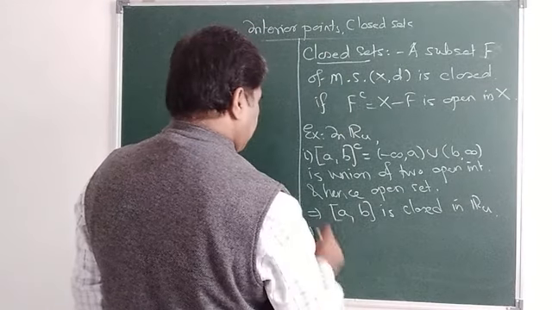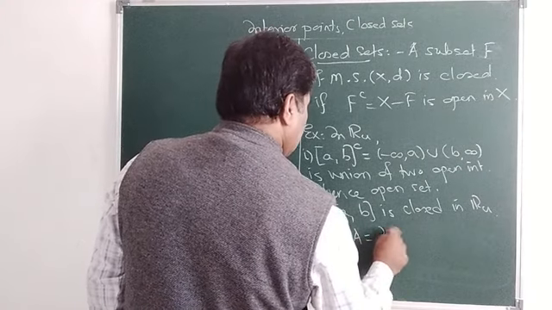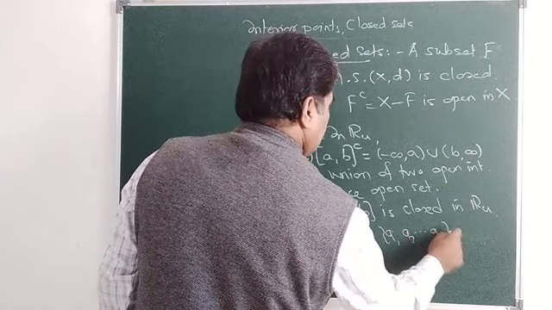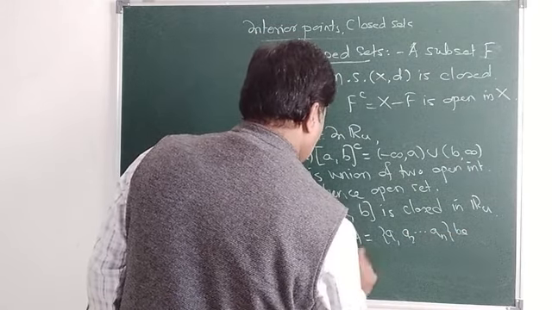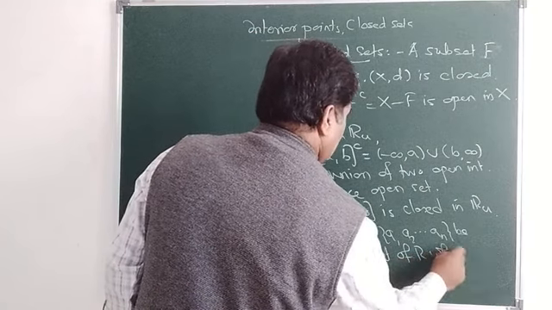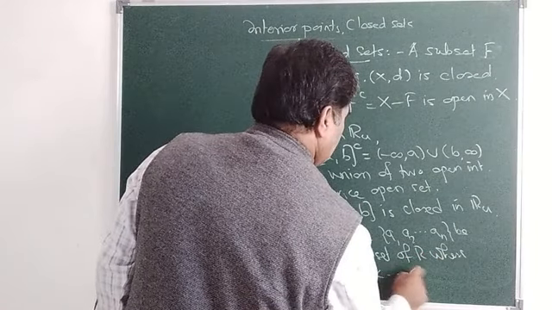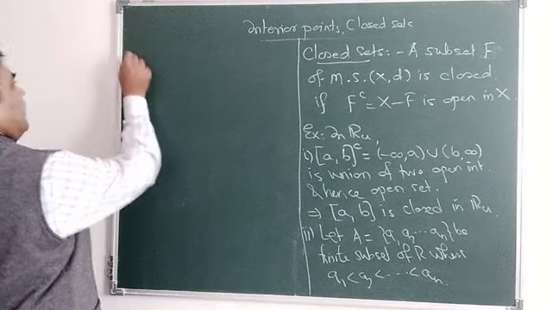If I take A equal to {a1, a2, ..., an}, a finite subset of R, where a1 is less than a2 less than ... less than an, then what is A complement?